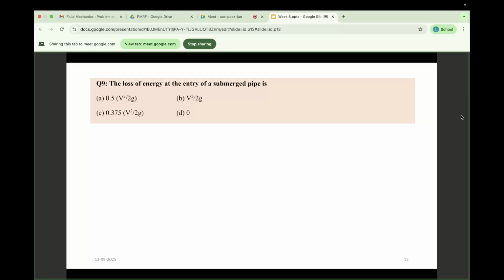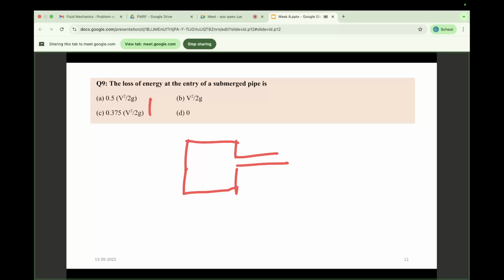So what exactly is happening in this scenario? The entrance in the given scenario is at the entry point of the submerged pipe. At the entry point, there should be a larger reservoir from which the liquid is coming out.